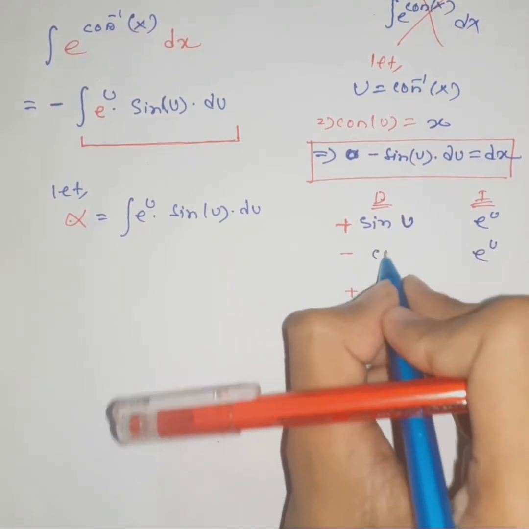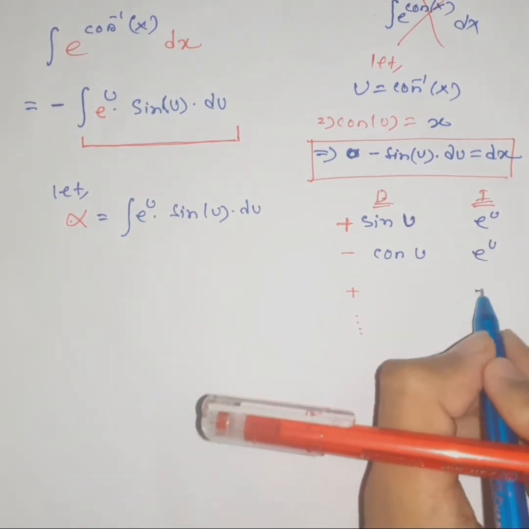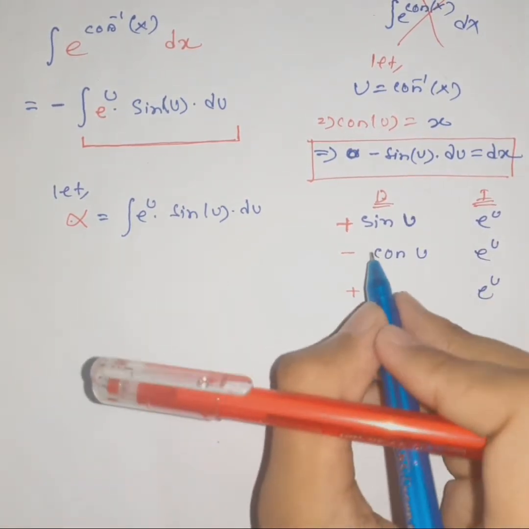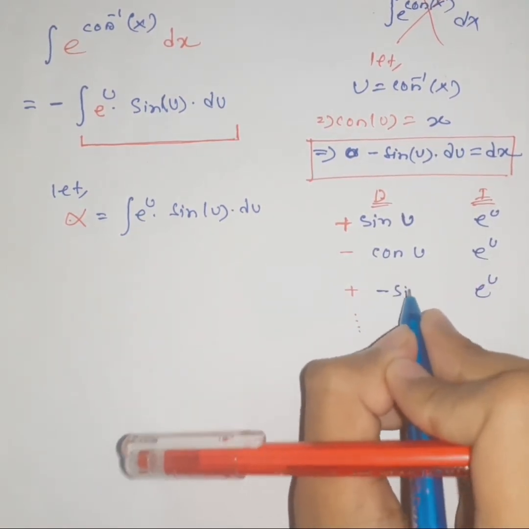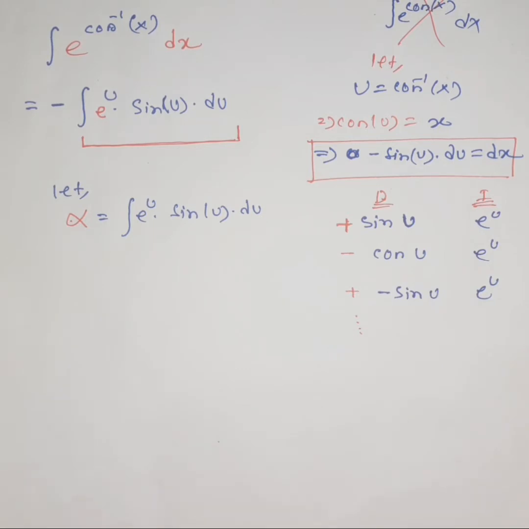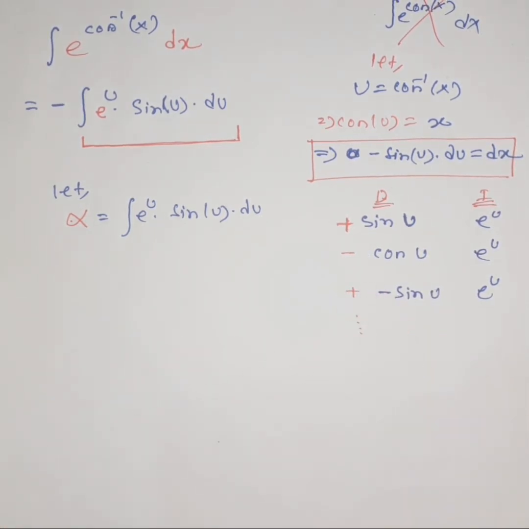So the integral of e to the u is e to the u, and the derivative of sin of u is cosine of u, and then the integral of e to the u is e to the u, and the derivative of cosine of u is negative sine of u. So positive and negative, so this is negative.